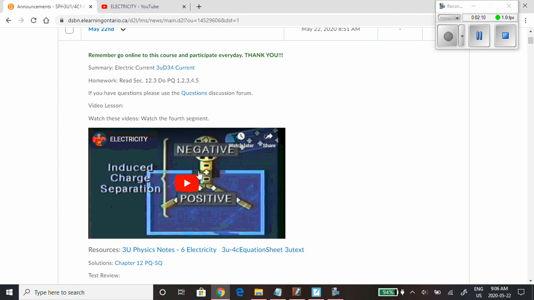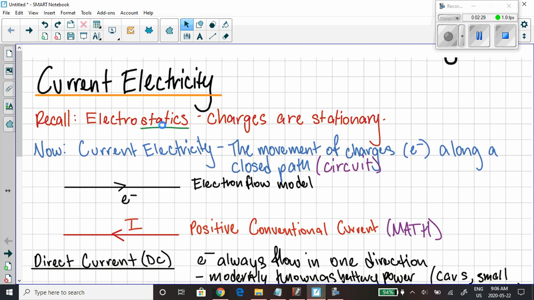Now I want you to watch the fourth segment, and then go back to the note, because it'll be very difficult for you to follow the note unless you have the visualization that you gain from this video. We're moving from static electricity, where charges are stationary, to moving electrons, a current of electrons. It's called current electricity. Watch that video and we'll be back.